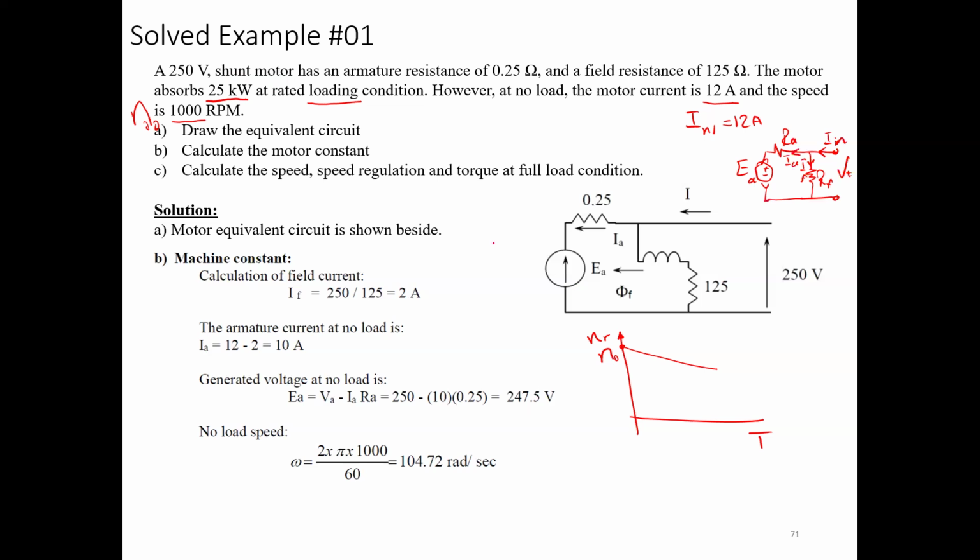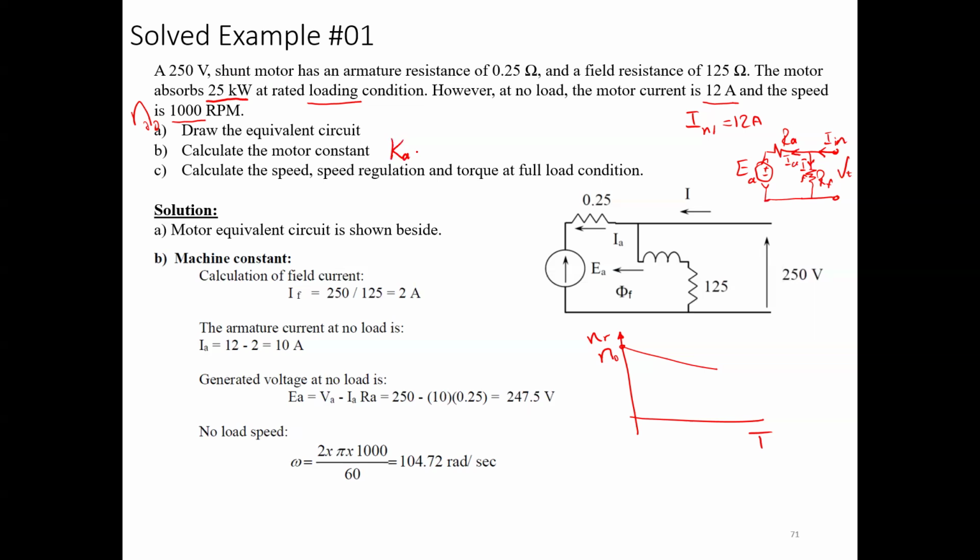Part B, calculate the motor constant. So the motor constant is the factor Ka. So you remember, guys, the factor Ka depends on the winding technique and number of turns and some parameters of the motor windings, but we don't have these parameters right here. So this means we will get the value of the motor constant from the other relations or from the operating conditions.